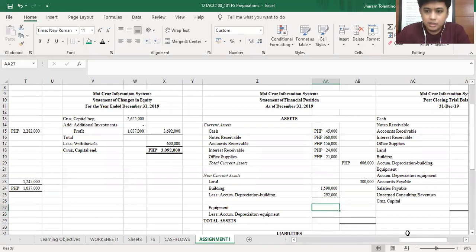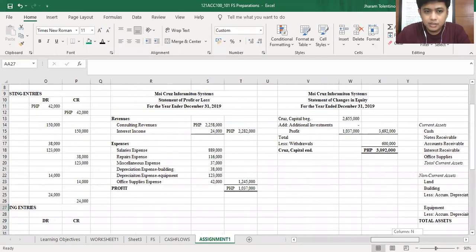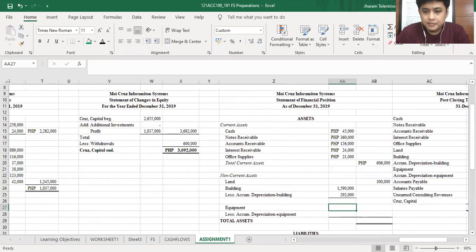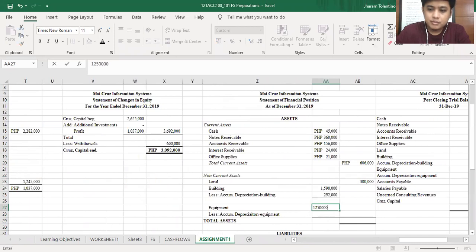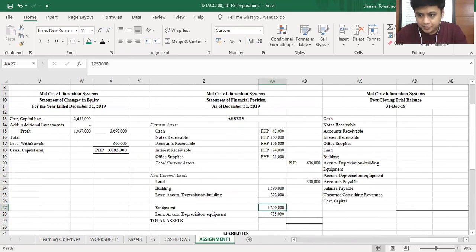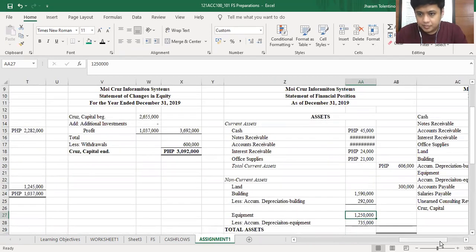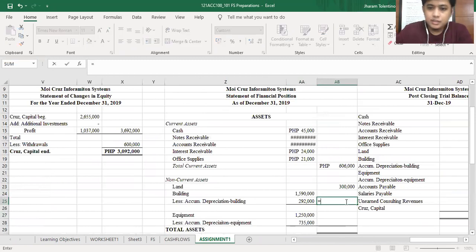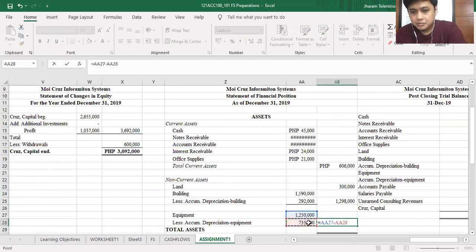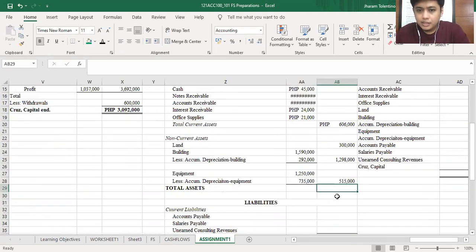As equipment, sine-check ko na lang. 2,150, 735. Yan. Check na natin. So this one, deduct lang to para makuha niyo yung net book value. Then get the total.